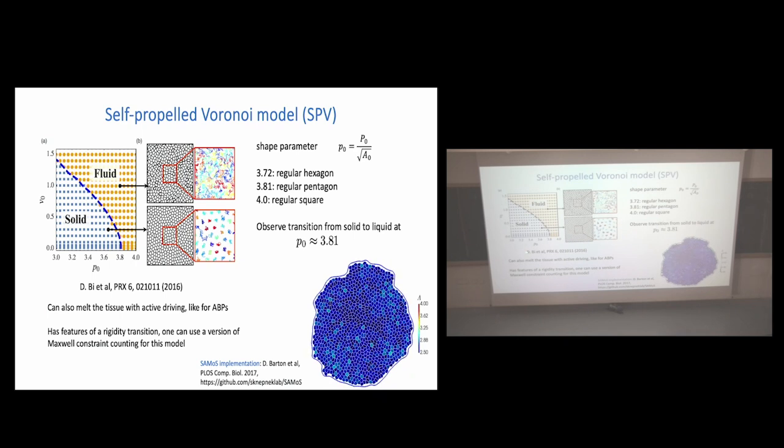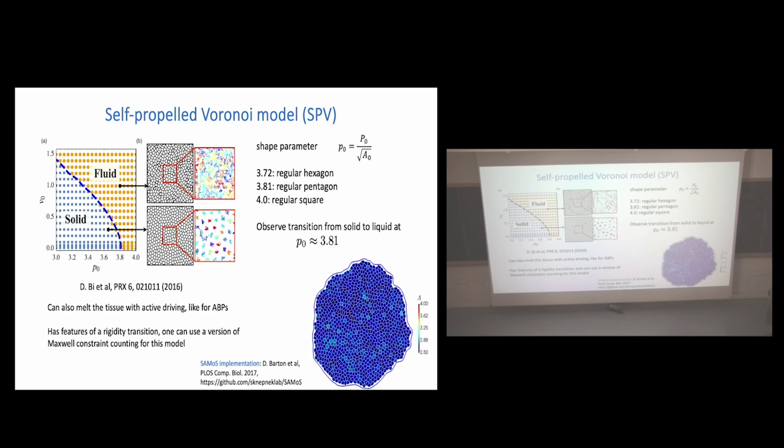On the x-axis is what is now known as the shape parameter p0, which is the perimeter divided by the square root of the target area. This is dimensionless. And this number, for example, if it's 3.72, that's exactly a regular hexagon. 4 would be a square. 3.81 is a regular pentagon.